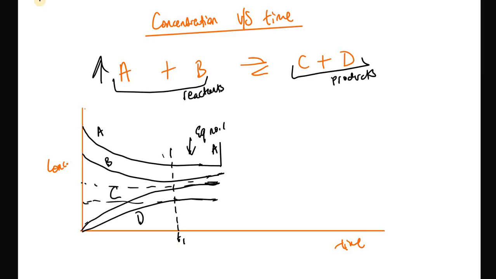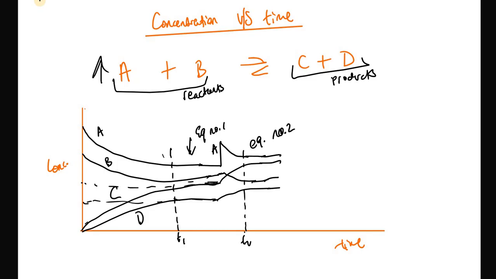So A will start to get used up, B will also start to get used up. And then what will happen to C and D? C is going to start to increase, D is going to start to increase, and then they reach another equilibrium. So this is equilibrium number 2 here at T2.